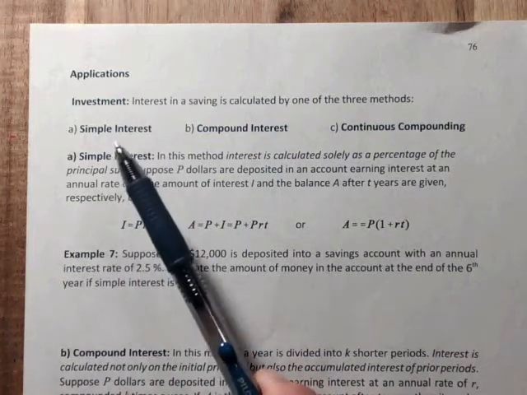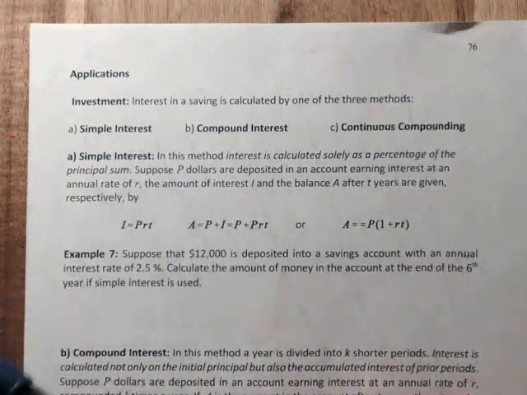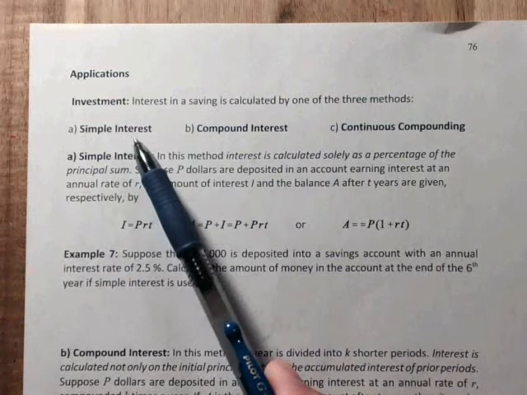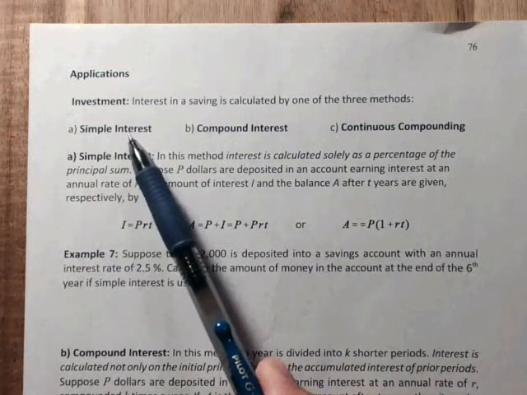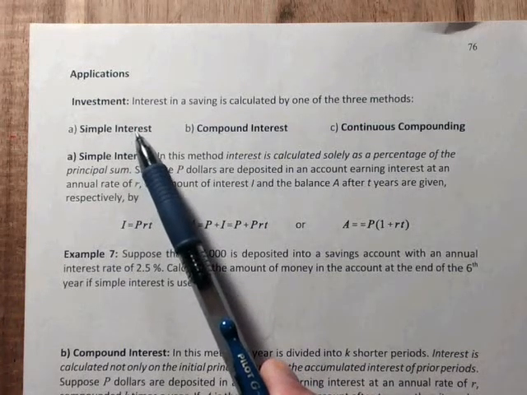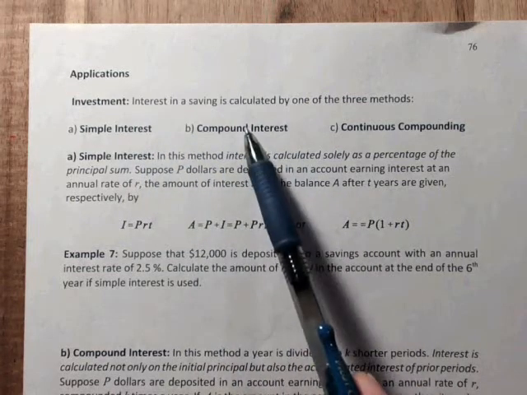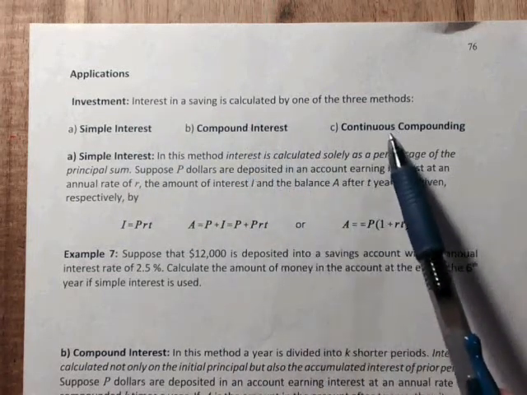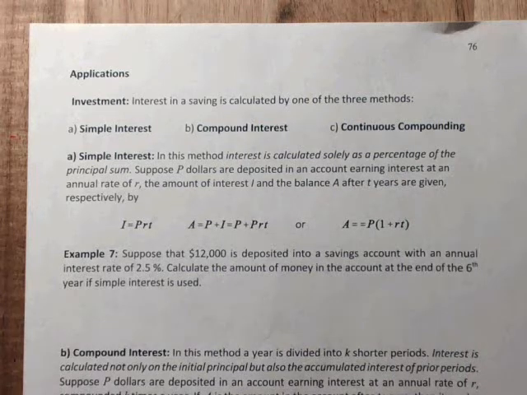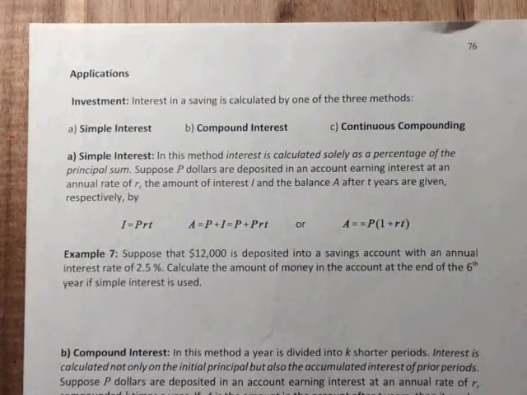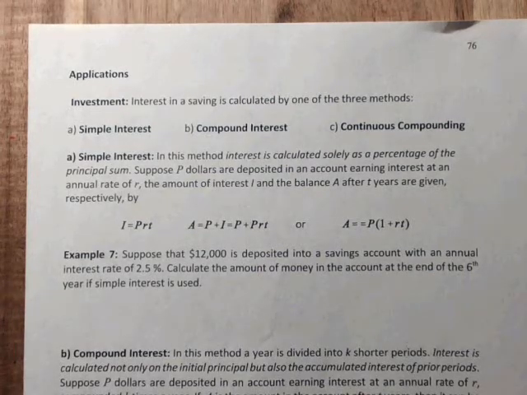Simple interest, as the name suggests, is very simple, and it does not involve exponential functions. But compound interest and continuous compounding do. So let's discuss simple interest, and then we get to the other types of interest later on.